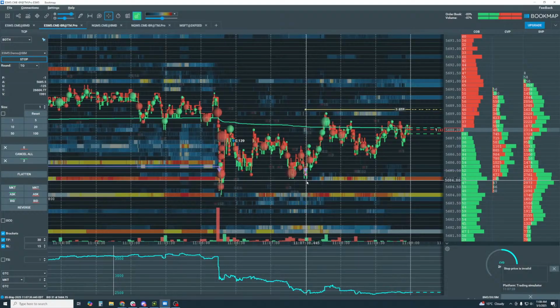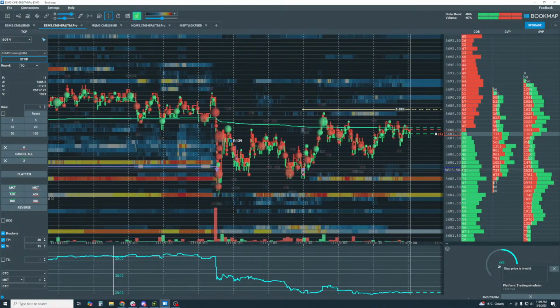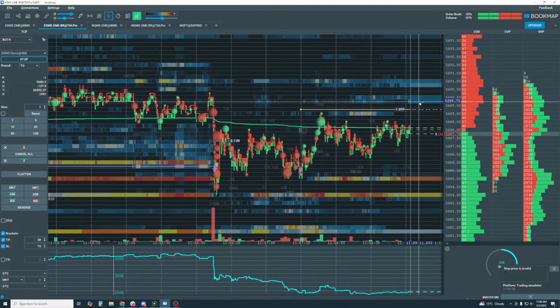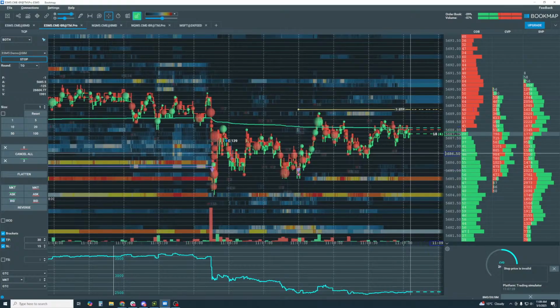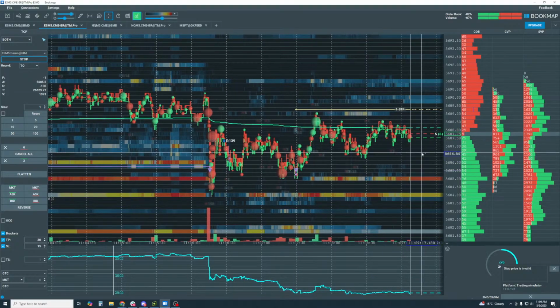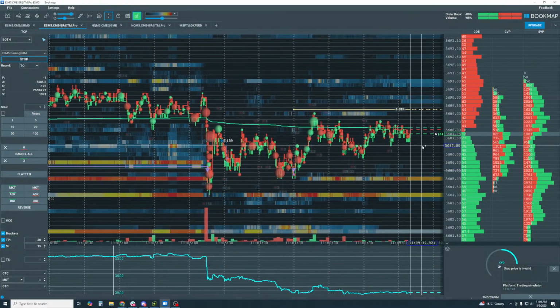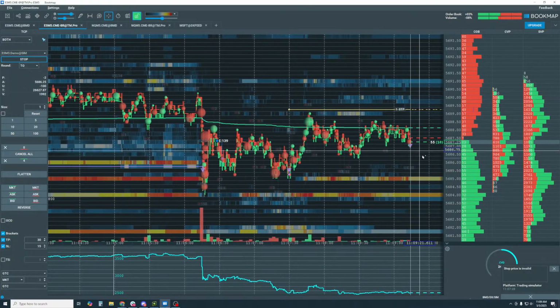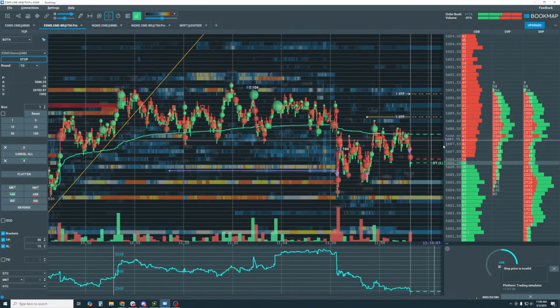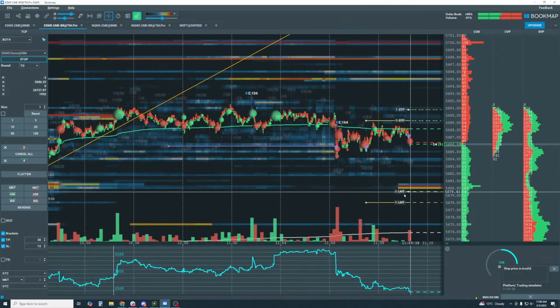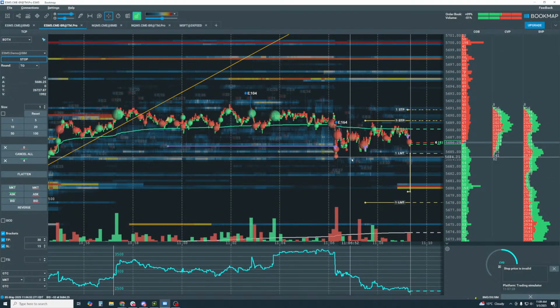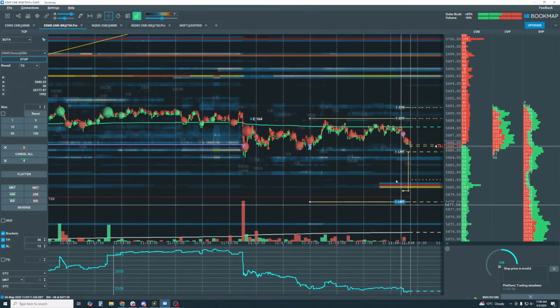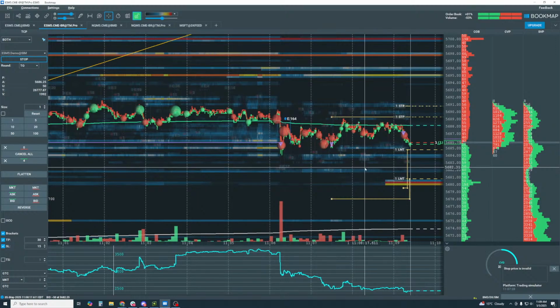Retest the lows here. Okay, and let's see it, sellers. There they are. All right, we're going to jump in on that, and we're going to take some off at the bottom of the range here. Okay, and then I've got high liquidity here at 80.